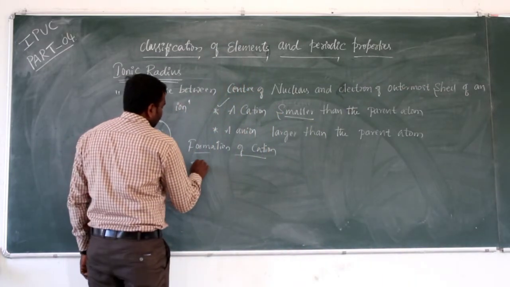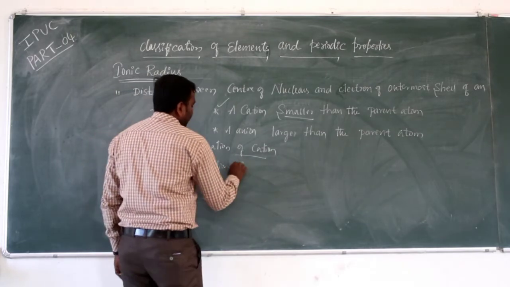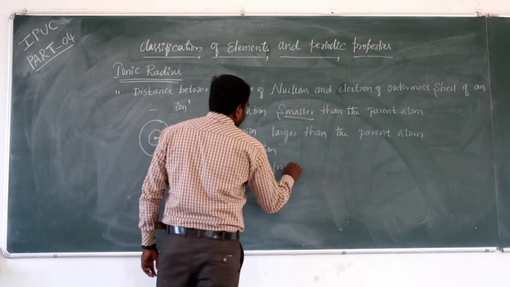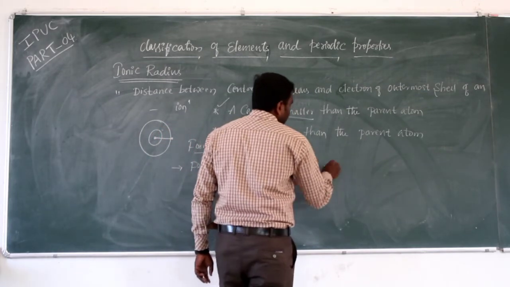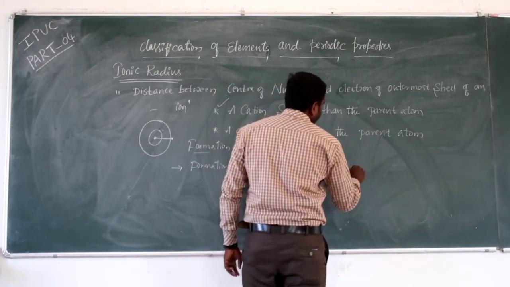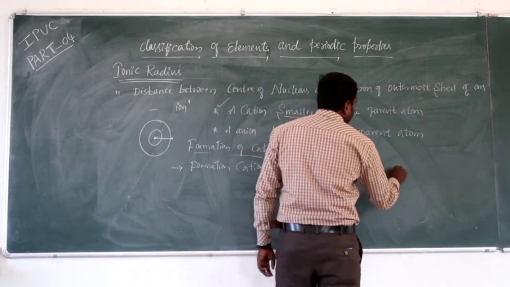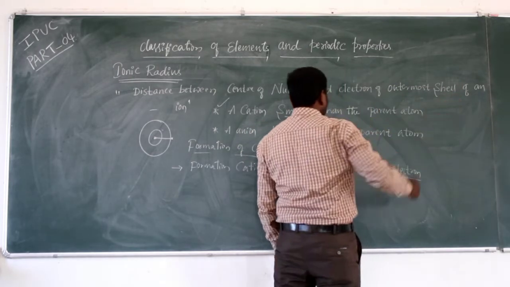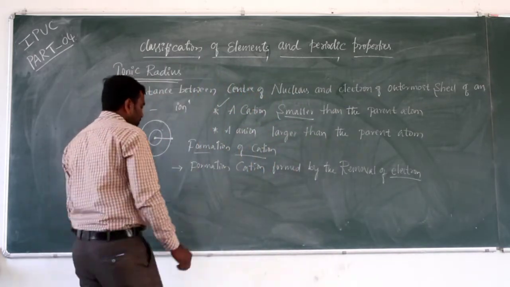See, cation is formed by the removal of electron. Removal of electron, right?